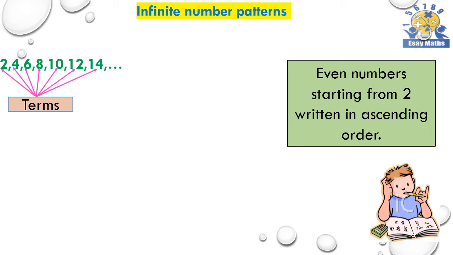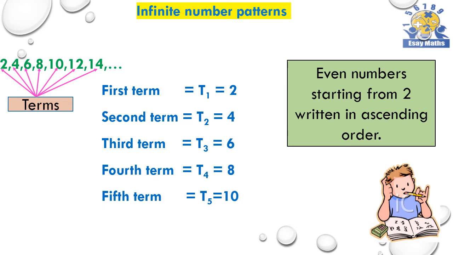Okay, that is the best way to identify whether it's an infinite number pattern. If it is an infinite number pattern, we should put a comma and 3 dots at the end of the number pattern.